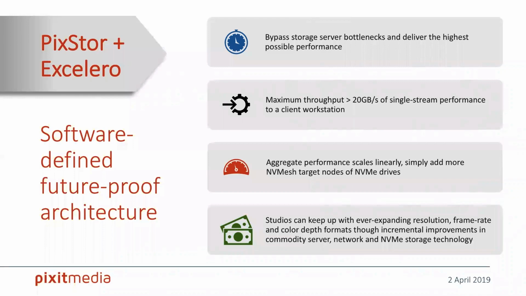Leverage these technologies over time without having to disruptively tear out proprietary hardware and start over again. So the theme you should pick up here from Pixit Media and Excelero is we take a software-first approach in our philosophy to knit these technologies together over Ethernet in order to be able to deliver a powerful performance fabric and give you the ability to scale your deployments in order to be able to take on any project.